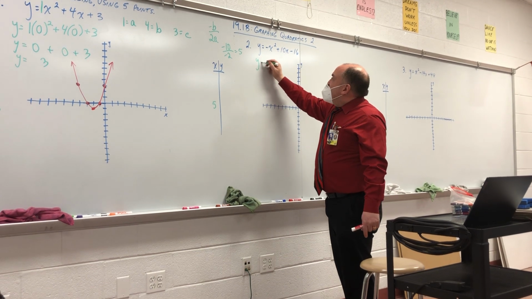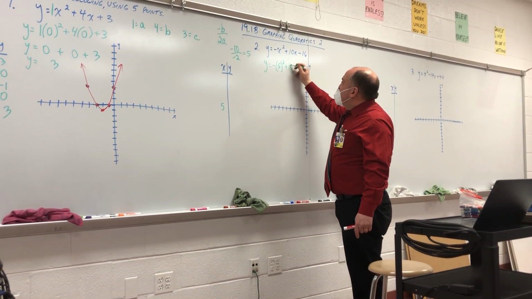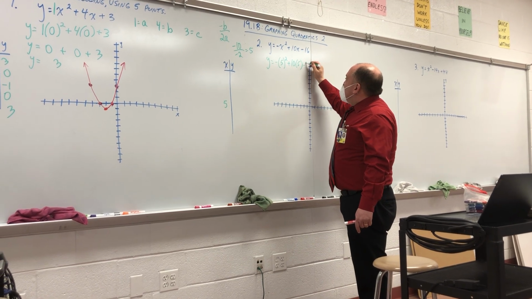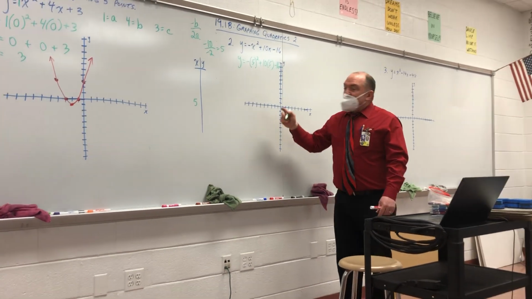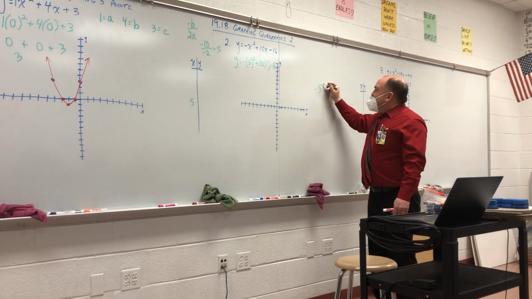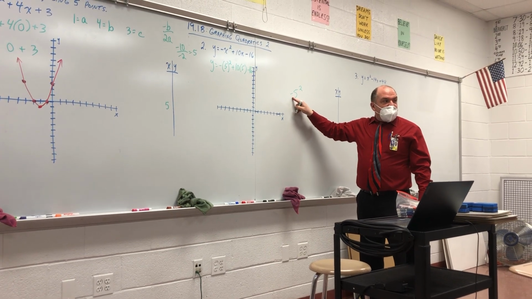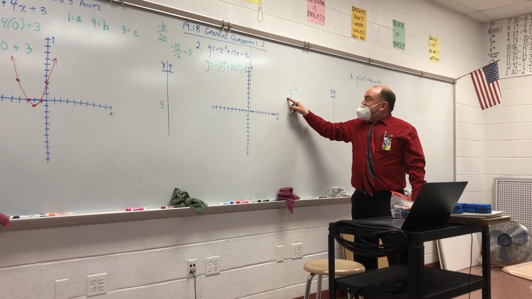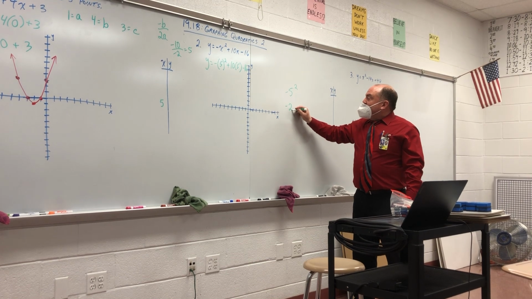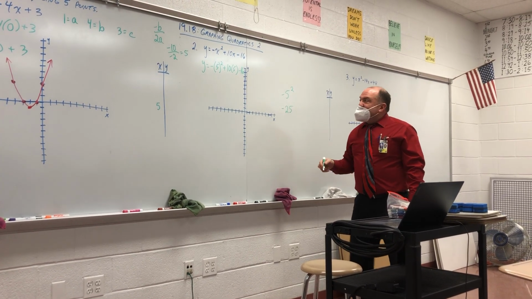So y equals negative 5 squared plus 10 times 5 minus 16. Now, by the way, negative 5 squared, you do the squared first, then you put in the negative. Meaning, this is going to be negative 25. Because it's 5 times 5, then it's negative.